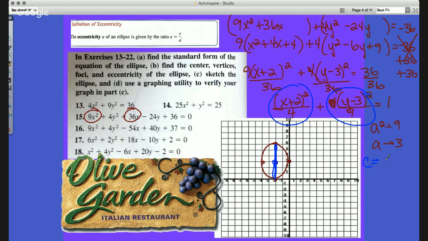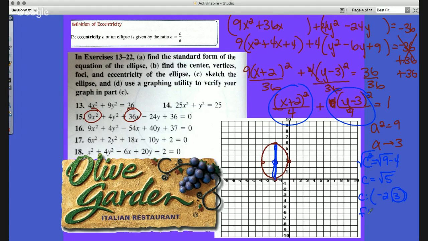Well, I can find c by doing the 9 minus 4 that we did, okay, and square rooting both sides. So c is equal to the square root of 5. So now since c is square root of 5, we can move this from our center. Remember our center was -2, 3. And since we're moving it just on the y, we can keep the first one the same.